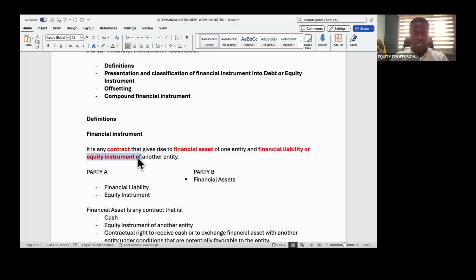For financial instruments, I told you that for us to have a financial instrument contract, there must be at least two parties, where one party must have either financial liability or equity instrument, and the other party having financial asset. I told you that the party that has financial assets is usually the investor, the person dropping money, while the party that have financial liability or equity is the person collecting money.